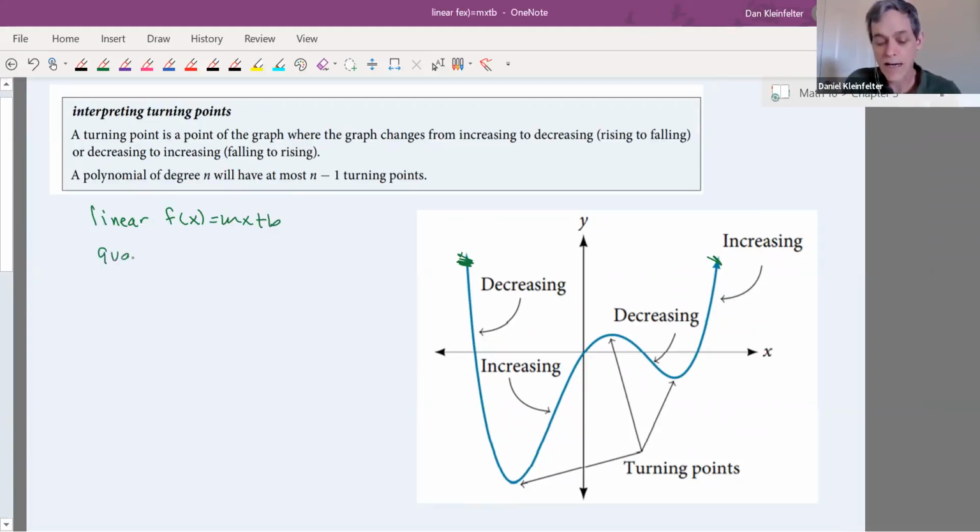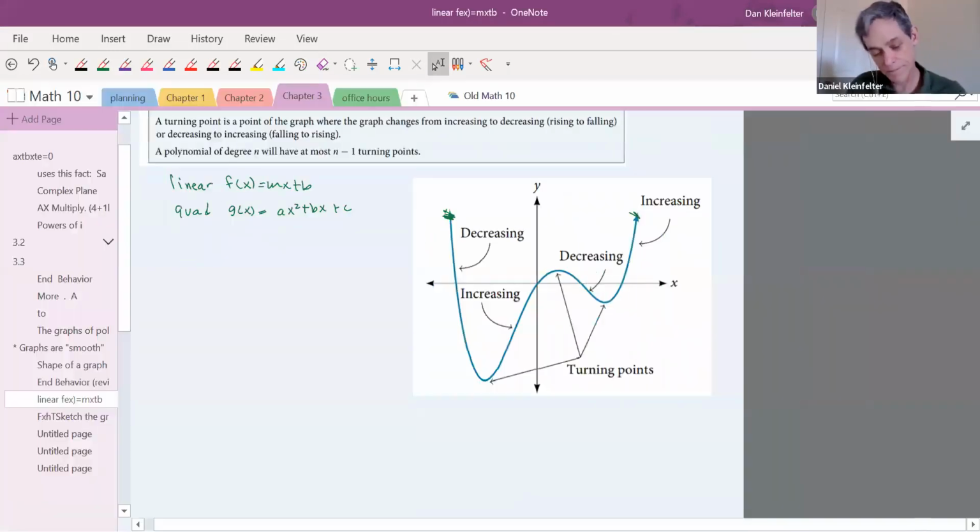A quadratic has degree 2, so at most 2 minus 1 is 1. It's going to have one turning point. The number of turning points is at most one less than the degree. Okay, moving along.